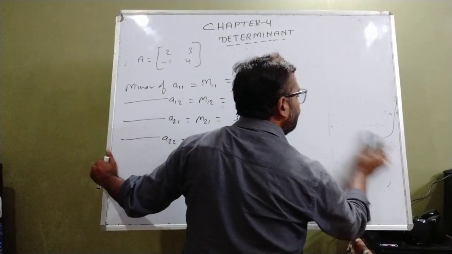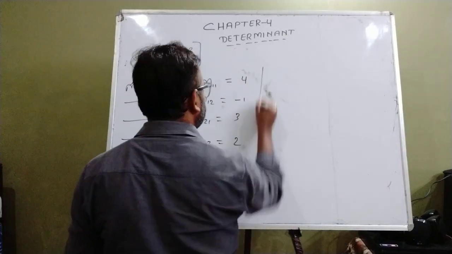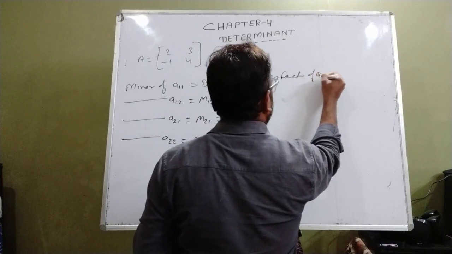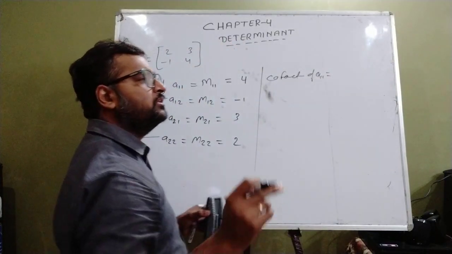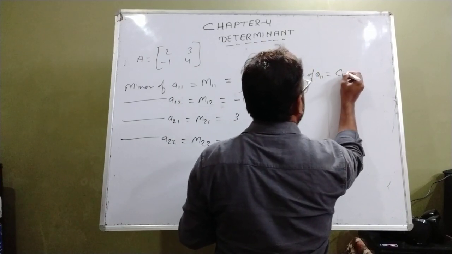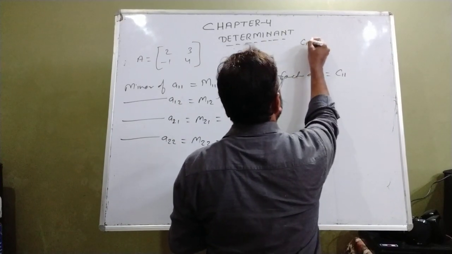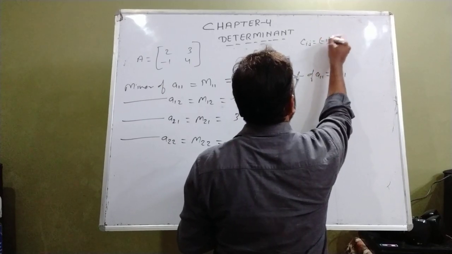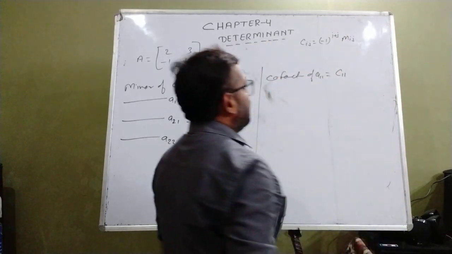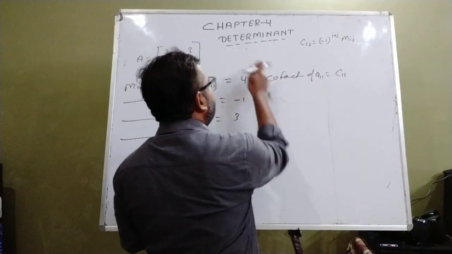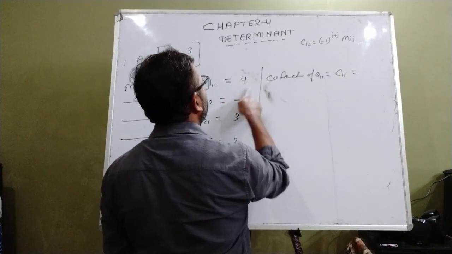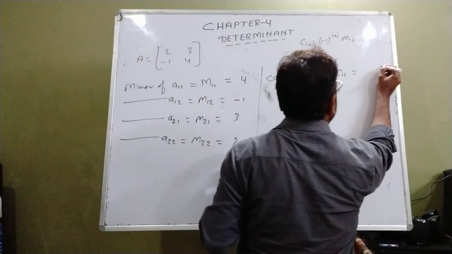Now what will be the cofactor of the element? Cofactor of A11 is C11, and what is the formula? Cij is given by minus 1 to the power i plus j times Mij. If we write the minor along with the sign, the minor we calculated for A11 is 4.